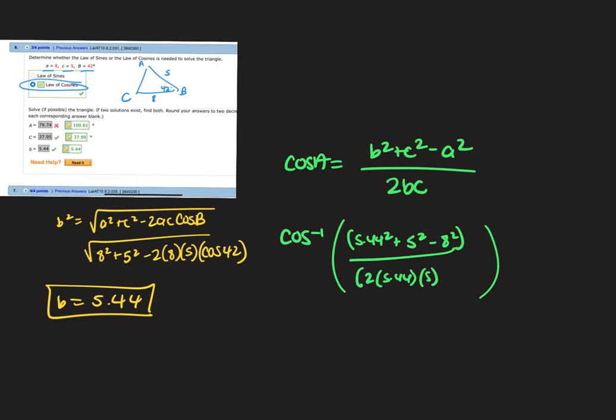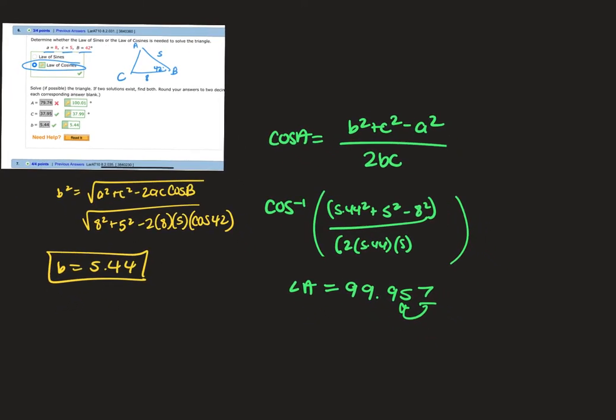So second, cosine inverse, open the parentheses, 5.44 squared plus 5 squared minus 8 squared, close them, divided by, open again, 2 times 5.44 times 5. And I get angle A is 99.957.